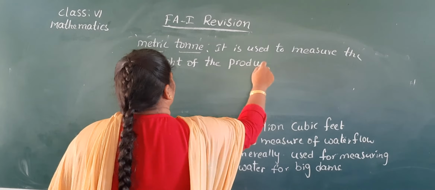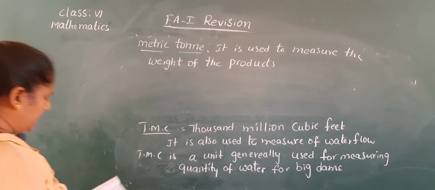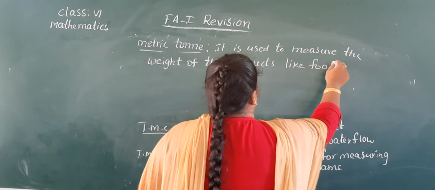Okay, Nana? So metric ton means it is used to measure the weight of the products like food grains and others.